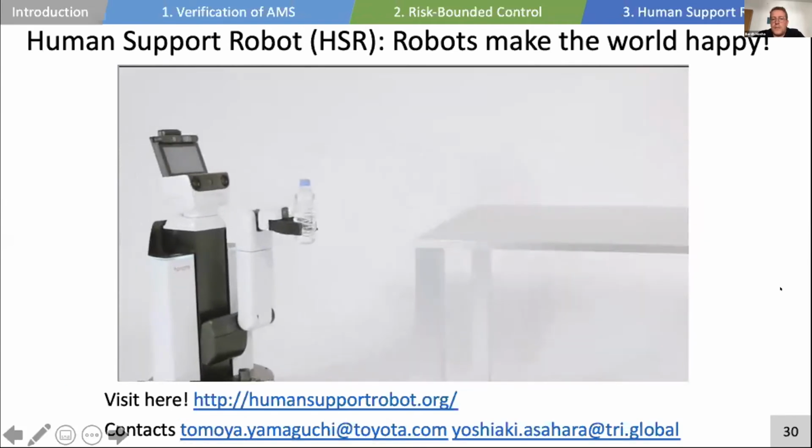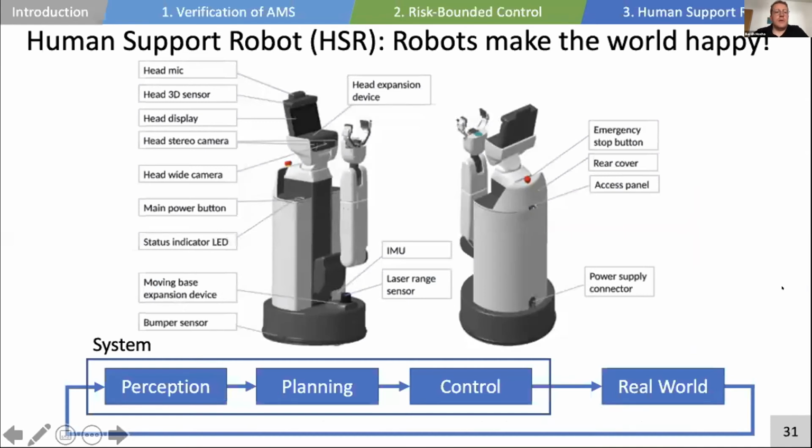Okay, so let's look at the robot. It has a microphone, a 3D sensor, a display, a head stereo camera, a head wide camera, and a power button. It has a very good safety mechanism to avoid any accidents.